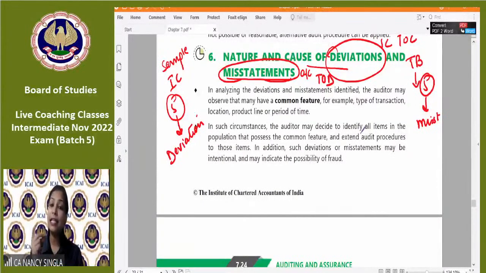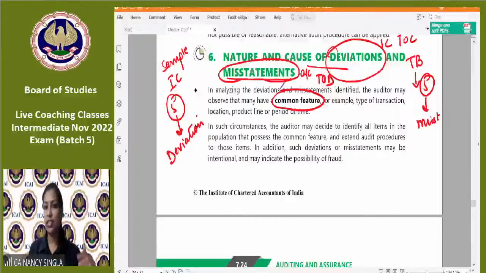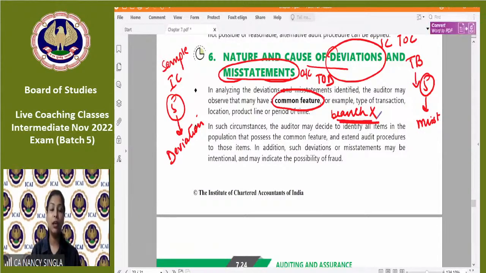And he realized that there is a common feature that all those 5 invoices जिसमें misstatement है, they pertain to, let's say, a branch X. ये पांचों के 5 सेल्स where there is a misstatement, they belong to what? A particular branch X. है ना? So auditor realized that there is what? A common feature. So it says whenever there is a misstatement or a deviation, observe that there may be a common feature.